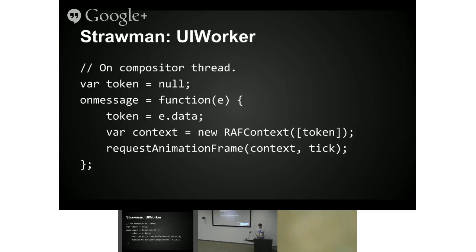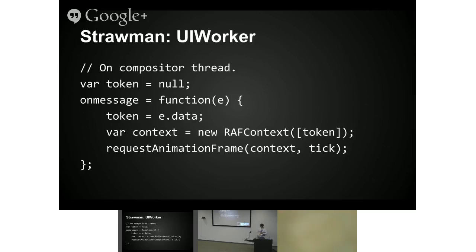And so on the compositor thread, what would it look like? Well, you've got your onmessage, and the token would get delivered to you. And we're going to run something that's very much like RAF, but it's slightly different in that we declare the things that we're going to muck with in RAF, which is kind of nice because you can prepare for it. You sort of know the things that you're going to be moving around. So you might say, make sure that it's all rastered and ready to see when it flies in. So in my crappy formulation, I create a special context out of the knobs I'm going to turn.